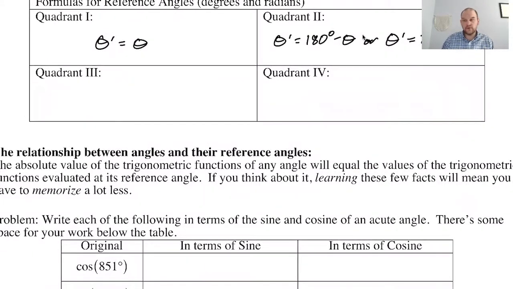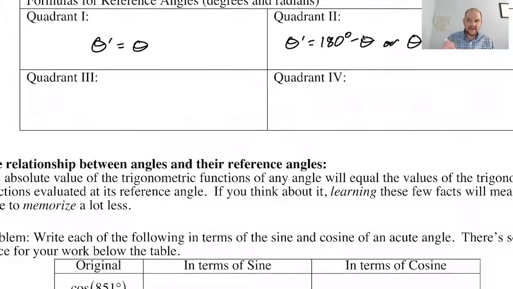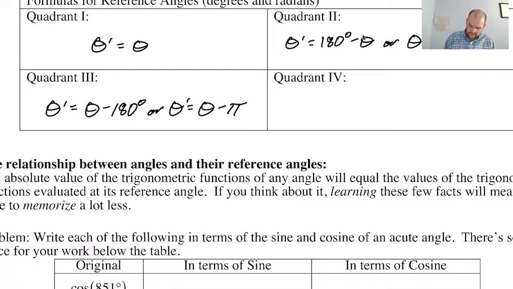It's not that it's not important to do it in radians, it definitely is, but I think because the math works out a little easier, you do degrees more. Quadrant 3, how far over 180 were you? So theta prime is theta minus 180, or in radians, theta prime is theta minus pi.